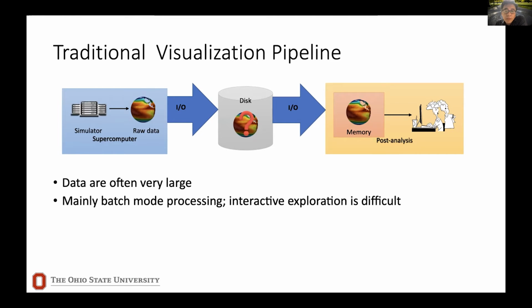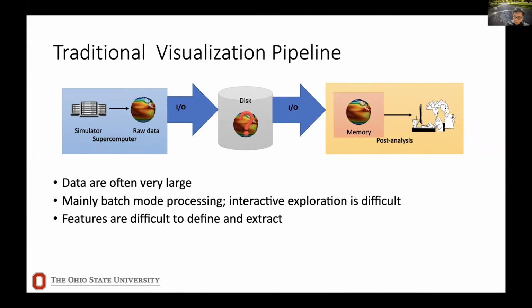However, a lot of the time when they run simulations, the scientists do not know the exact location or time of the feature that will appear, that will be of interest and allow them to identify salient knowledge. Because you cannot do interactive exploration, you have to rely on batch mode processing, but this makes the discovery of features very difficult.